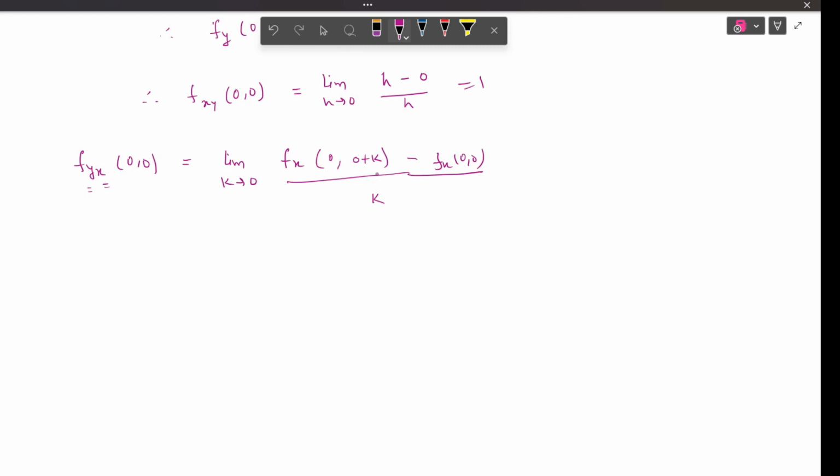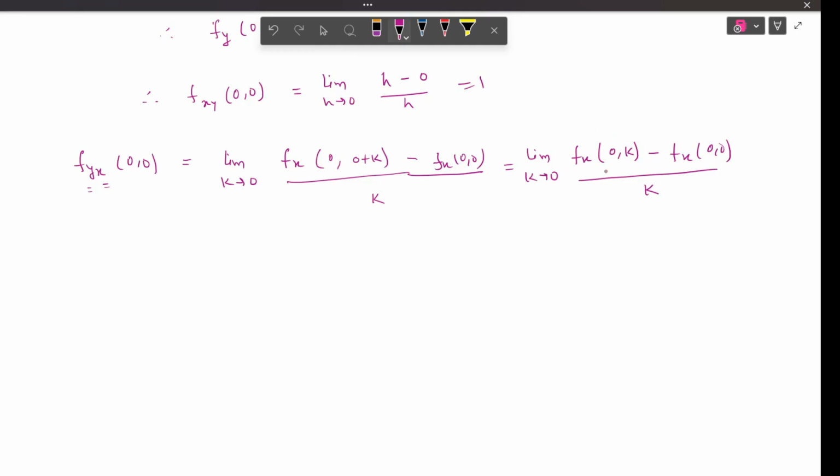Okay. Now this would be limit k tending to 0, fx(0, k) minus fx(0, 0) by k.